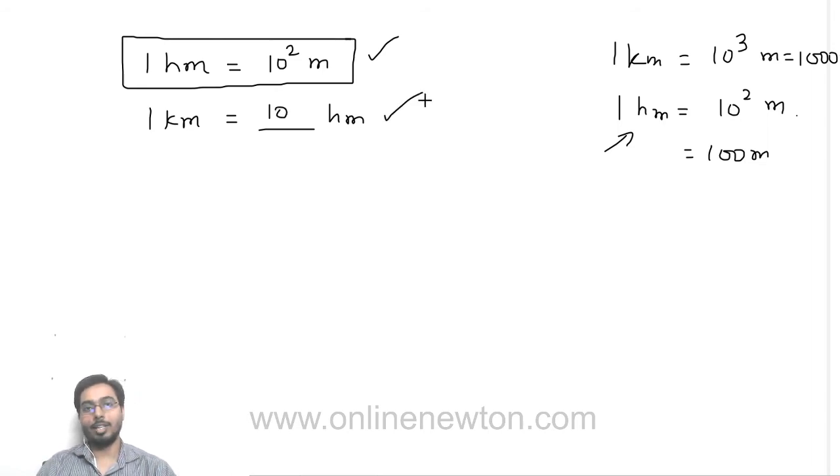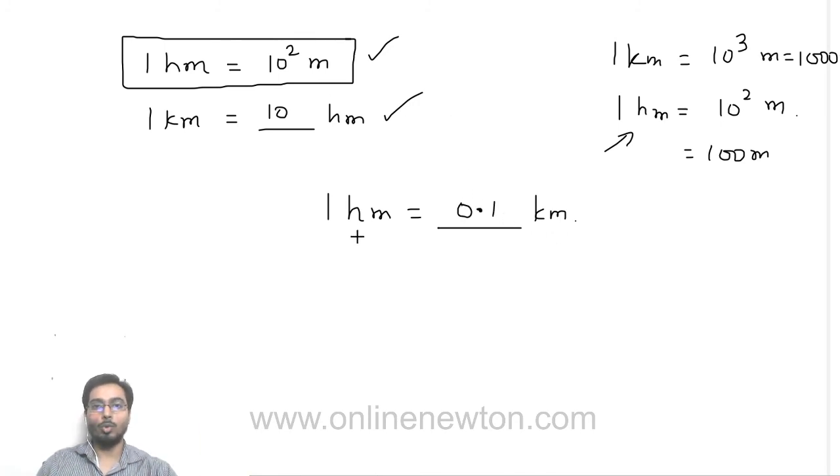We can come down also, like somebody can ask you how much is 1 hectometer in kilometers. Again, reverse calculation. You can write it as 0.1, because we know 1 hectometer is 100 meters and 1 kilometer is 1000. If you want to equate both the units, you will need a factor, and that factor is going to be 0.1 here, right? Okay, so this is how we do it.